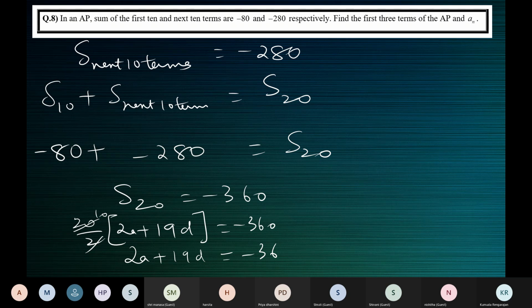Now has anyone got any doubt or not able to understand this? Every question I make sure I ask you before I go to the next one.